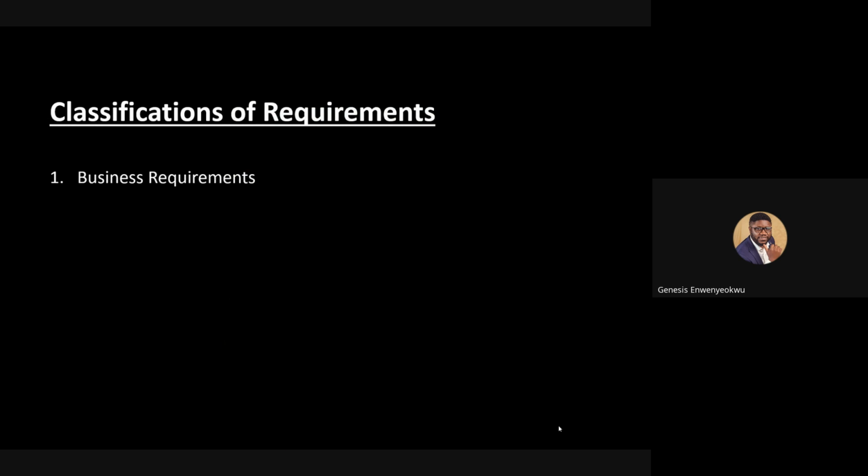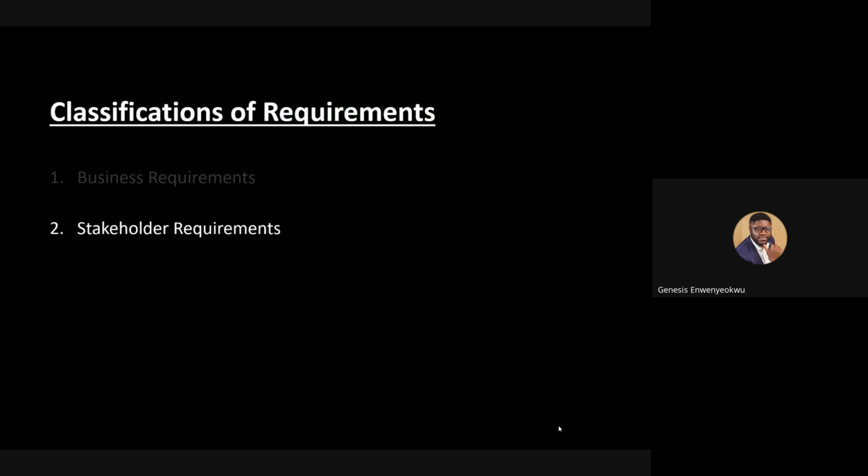When you go further down in the classification, we now have what we call stakeholder requirements. Stakeholder requirements are the needs of the stakeholders that need to be met in order for us to achieve the business requirements.